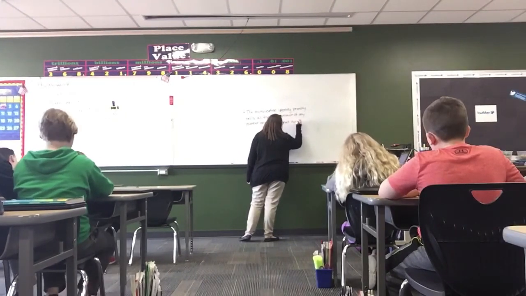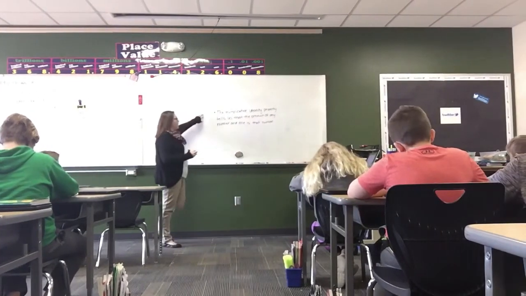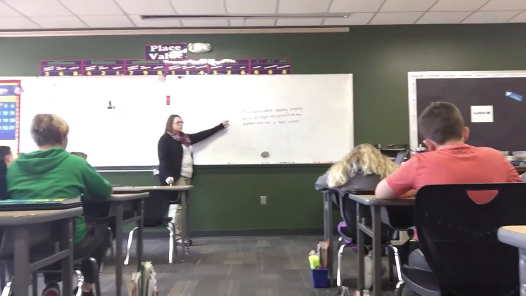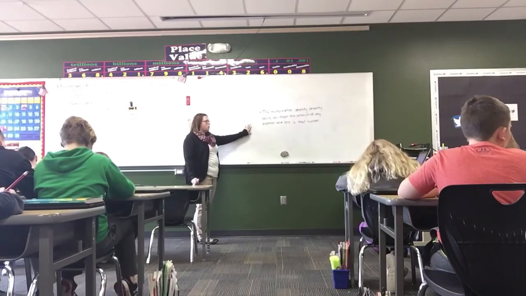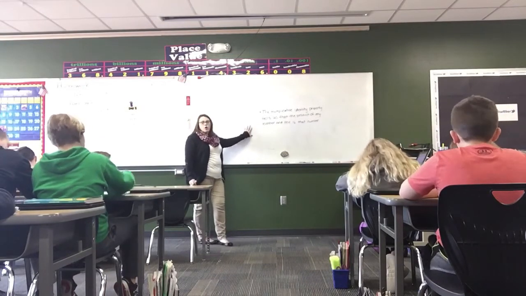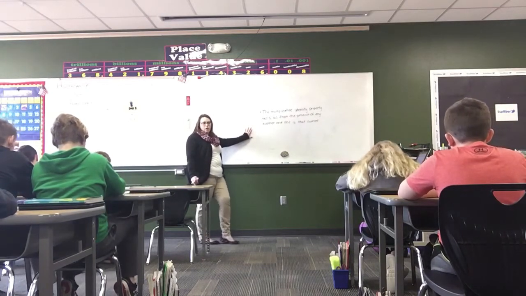Okay, so this is point number 1. The multiplicative identity property tells us that the product of any number and 1 is that number. What would be an example of that?